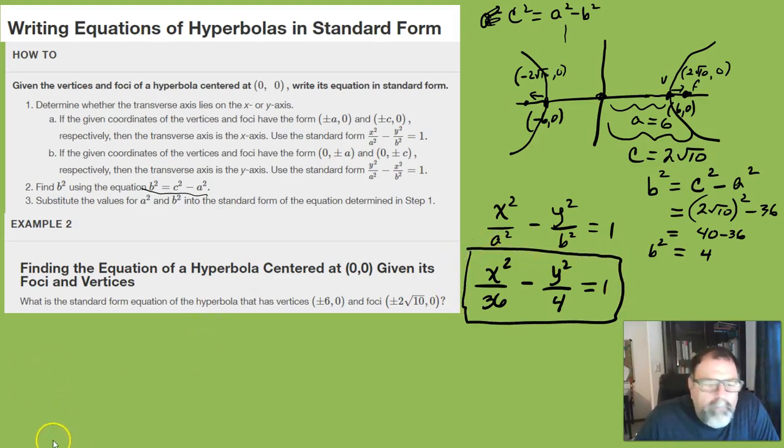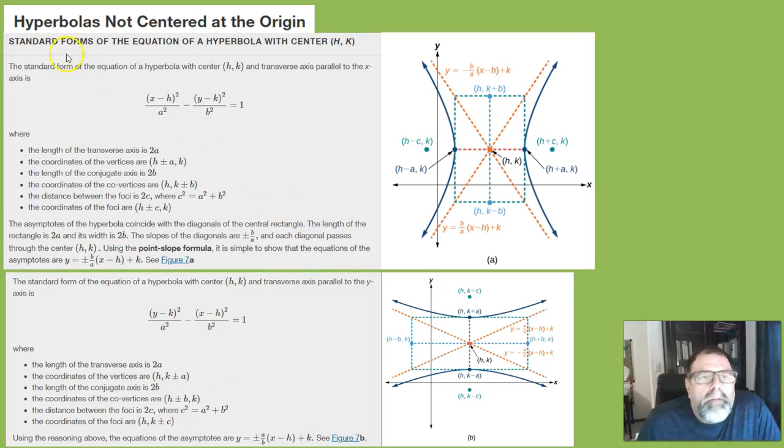in standard form. Okay, so standard form's equation of the hyperbola with center HK. So again, just like we did with the ellipse, we just make the appropriate changes with their transformation instead of being 0, 0. So notice again, you got x minus h, so you switch the sign, and y minus k, again, you switch the sign.